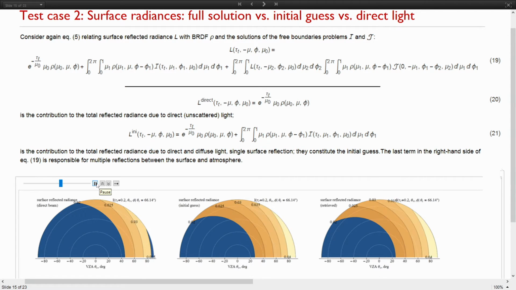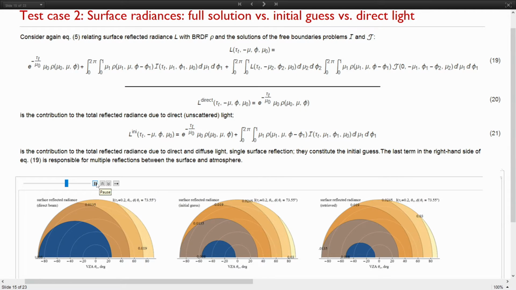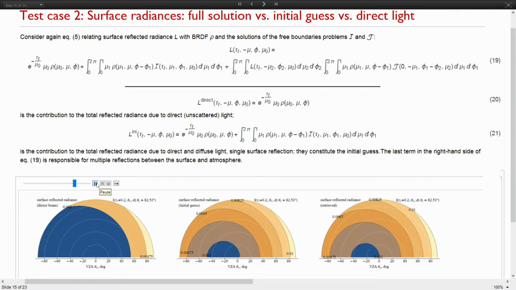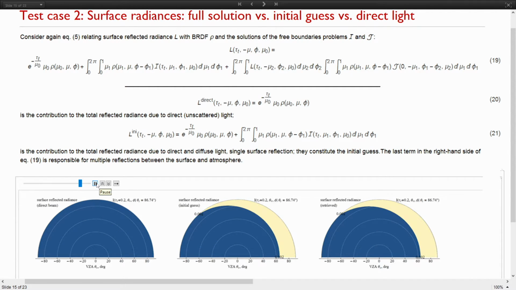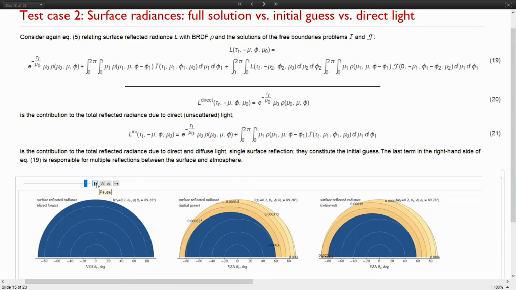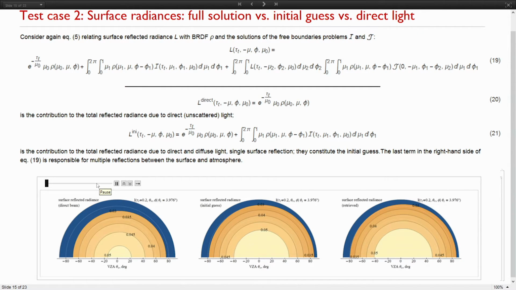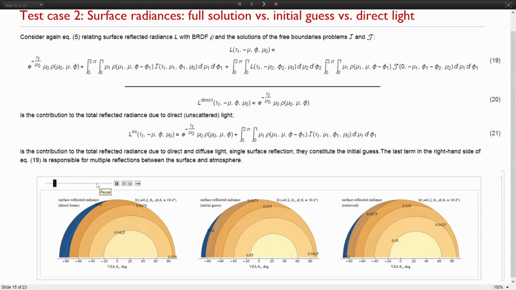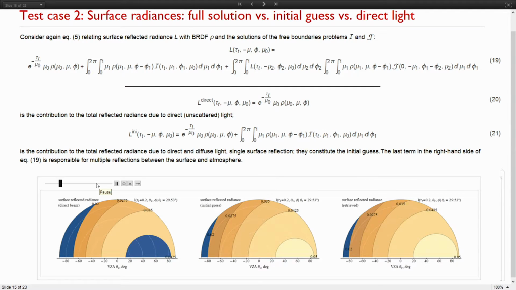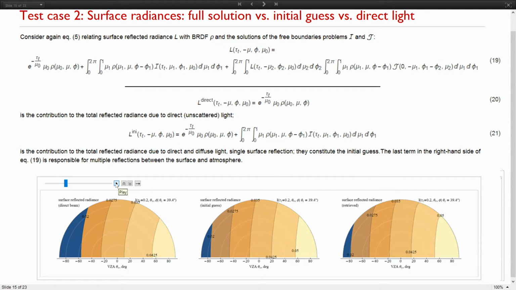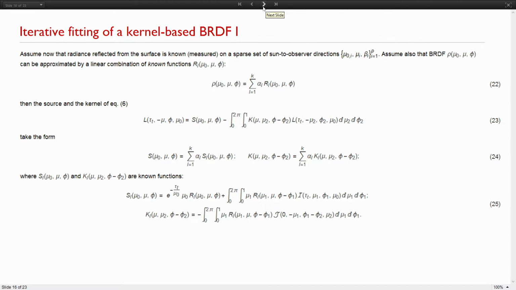So direct light contribution is significantly smaller than the total solution, but the initial guess provides almost the full solution already. So this gives a hint how to solve the inverse problem using the direct problem solution.